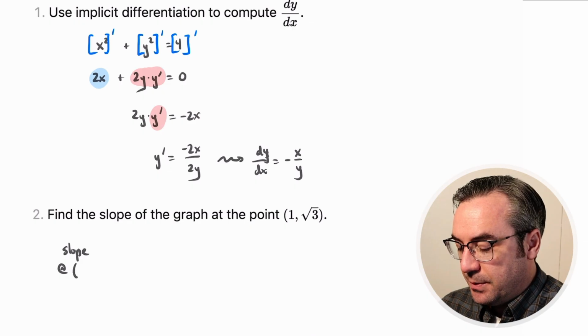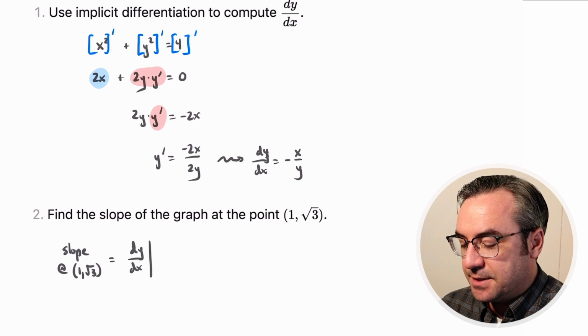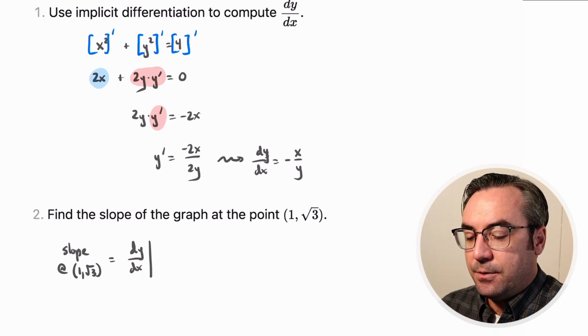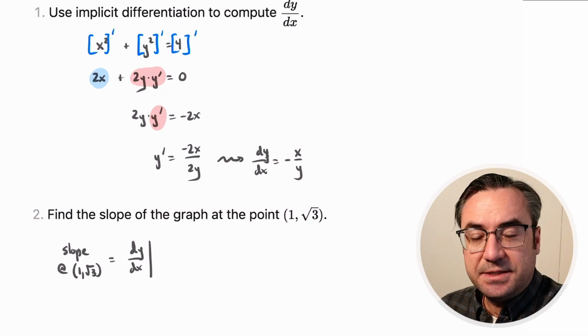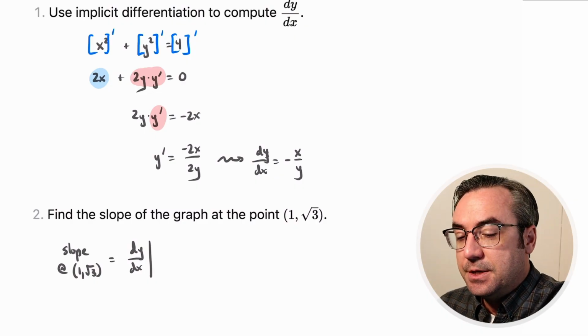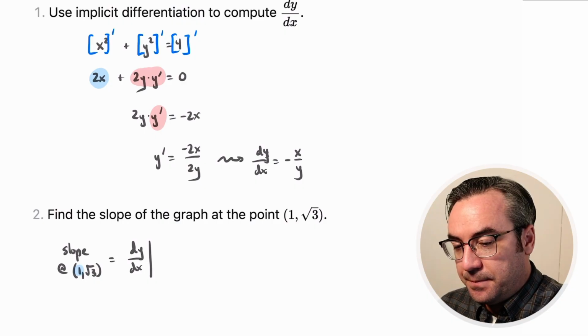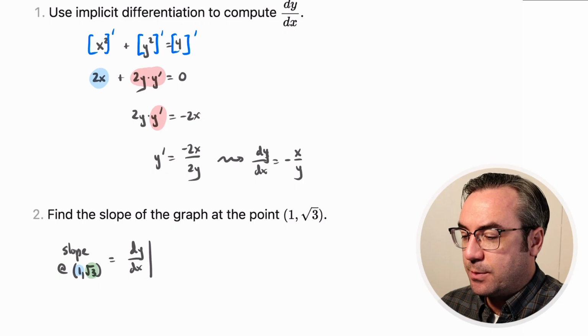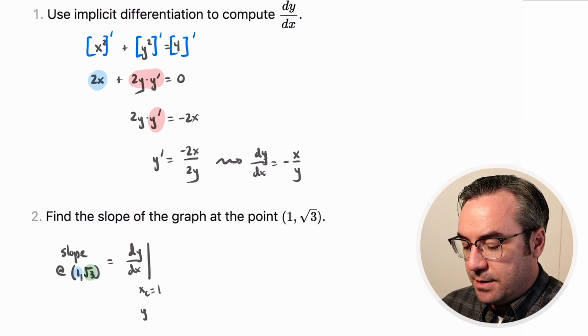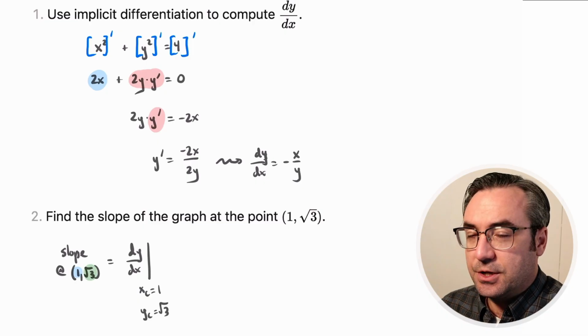To get the slope at the point 1 comma square root 3, we're going to take our derivative, dy dx, and evaluate it. Our derivative has x's and y's in it, so when we evaluate, we have to use both the x and the y value from our point. The x coordinate is 1, and the y coordinate is square root 3.